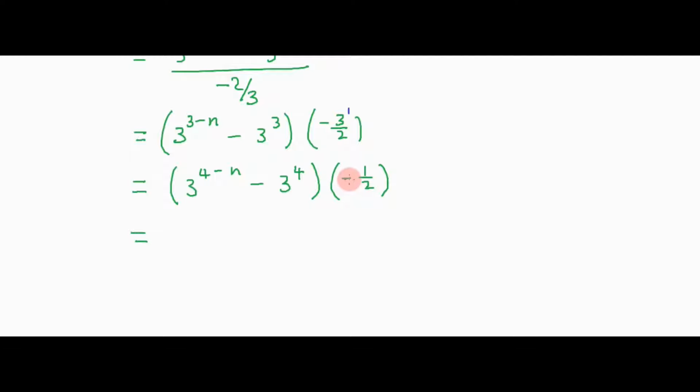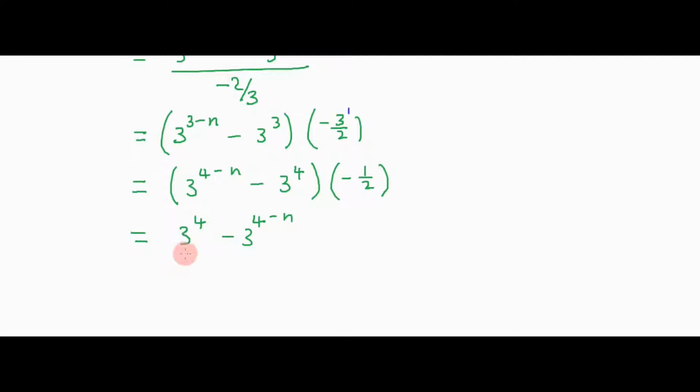Now we're going to multiply the minus into the brackets. So I'm going to write the 3 to the 4 first, in other words, negative 3 to the 4 times negative 1 is positive 3 to the 4. And then I'm going to multiply this number by negative 1 as well, so it becomes negative 3 to the 4 minus n.